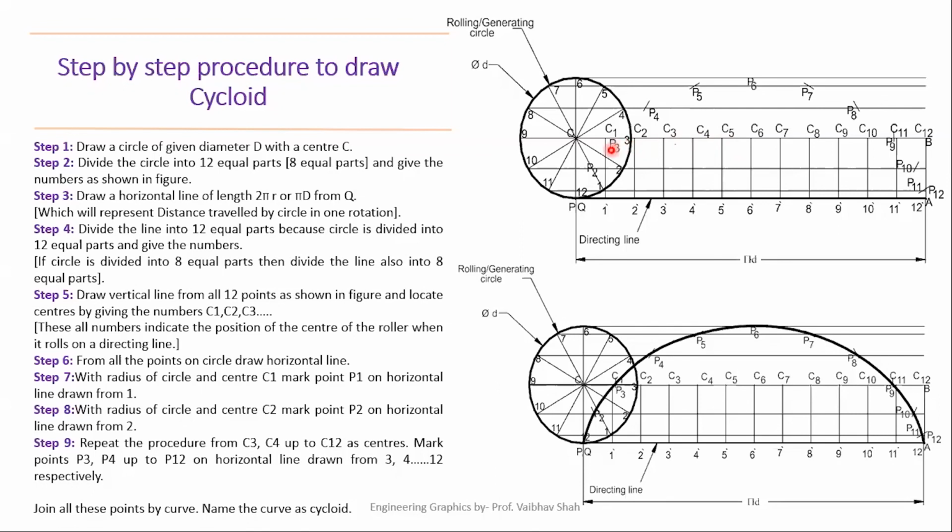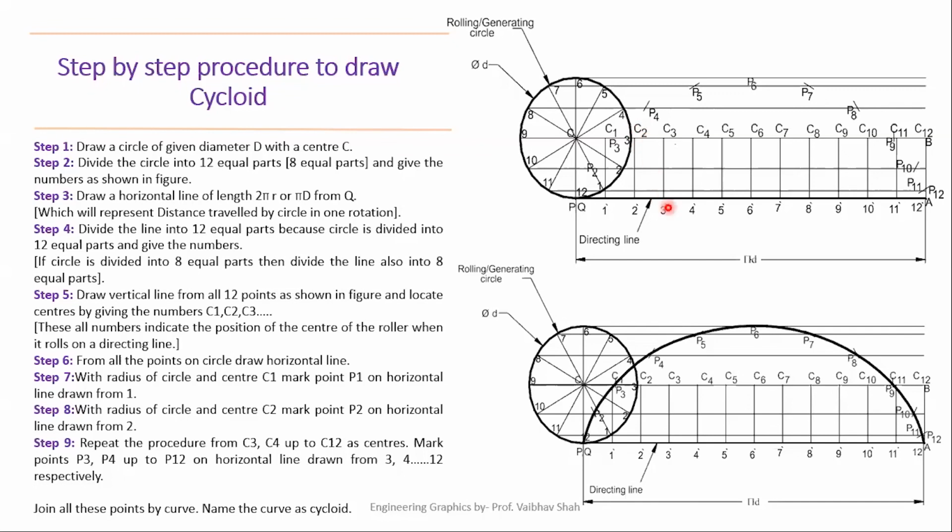So now, after drawing this line, we have to simply transfer point 1 dash vertically on that line to get our center C1. Similarly, point 2 dash vertically, transfer it on this horizontal center line to get C2.